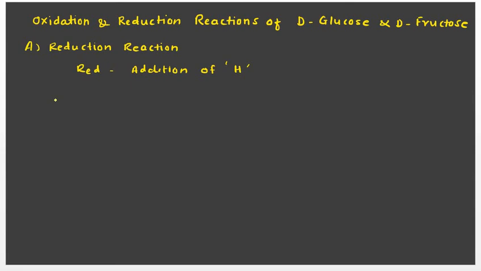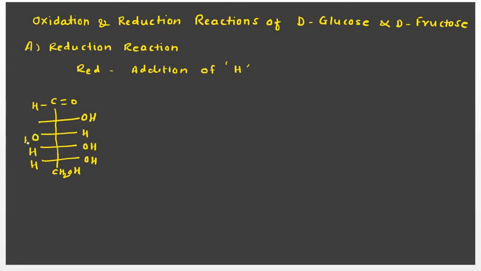I will write down the structure of D-glucose: C double bond O H, that is CHO, and CH2OH, and in between there are four carbons, so OH, H, OH and H. So this is the structure of D-glucose.